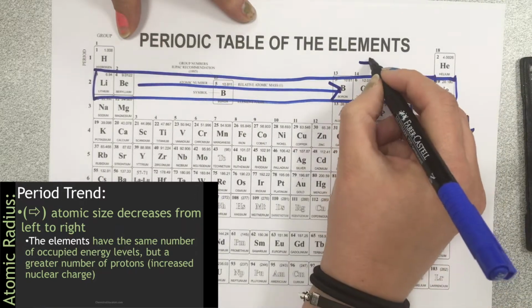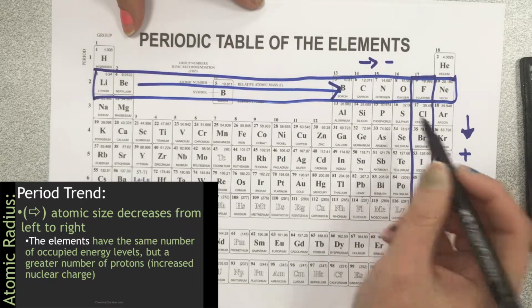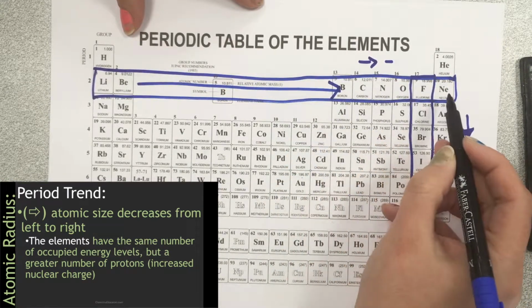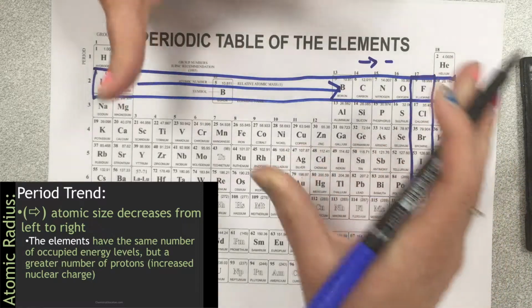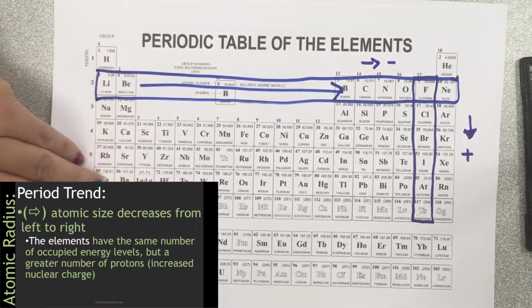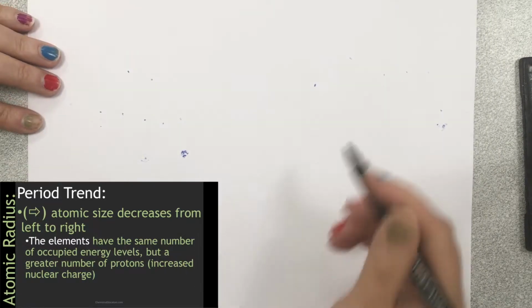As you go this way, it actually gets smaller. You would think otherwise, because as you go from left to right, you're adding more electrons, so you would think that the electron cloud would get bigger.